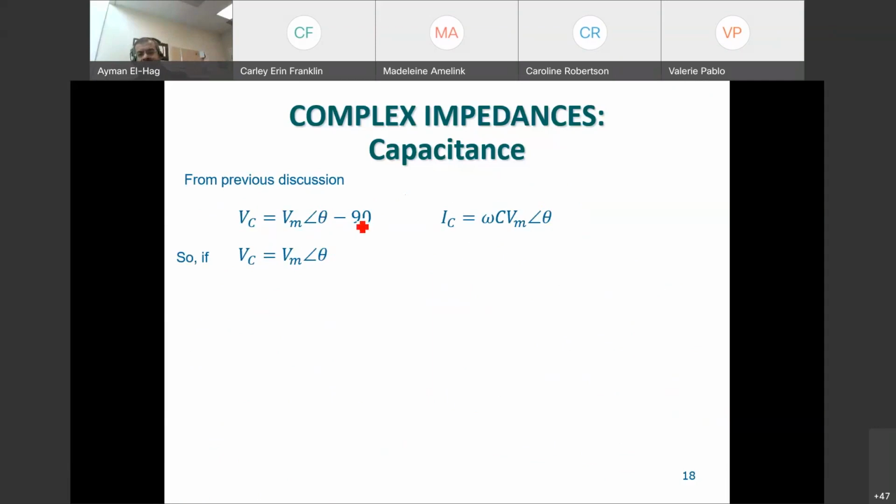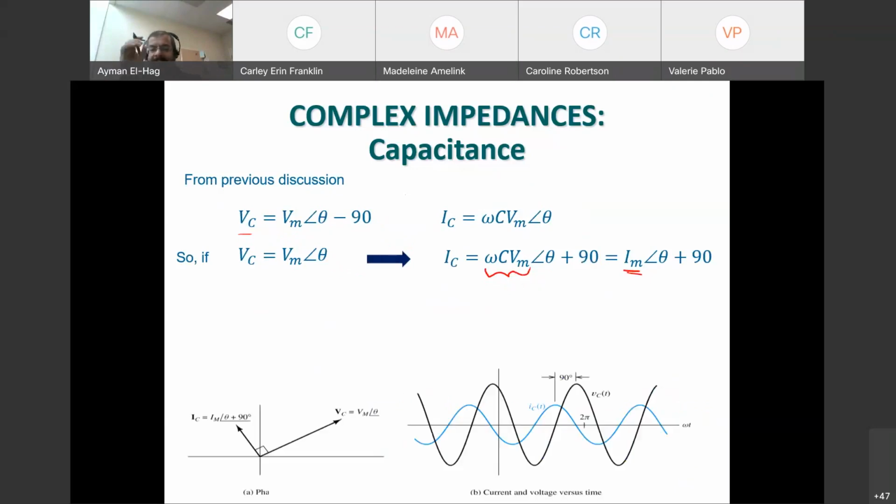So when this is theta minus 90, this becomes theta. If I make this as theta, then this becomes omega C Vm angle theta plus 90. So the VC has less angle by 90, or IC has more angle by 90. Both means exactly the same thing. And if I multiply omega C Vm, I will call this as Im.